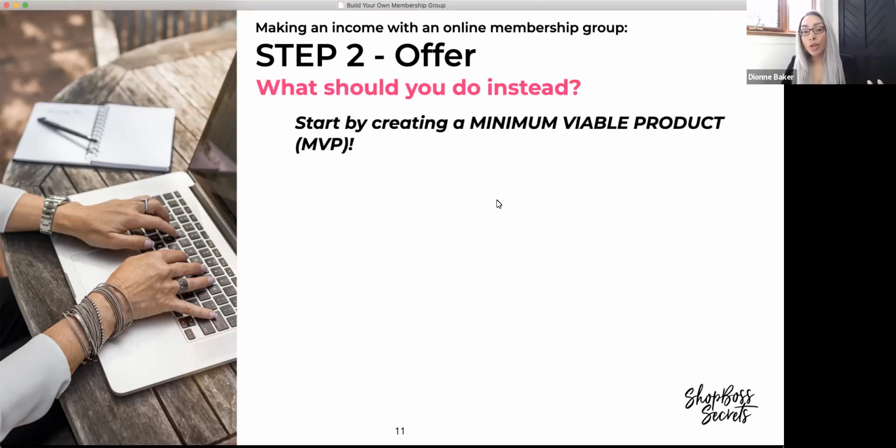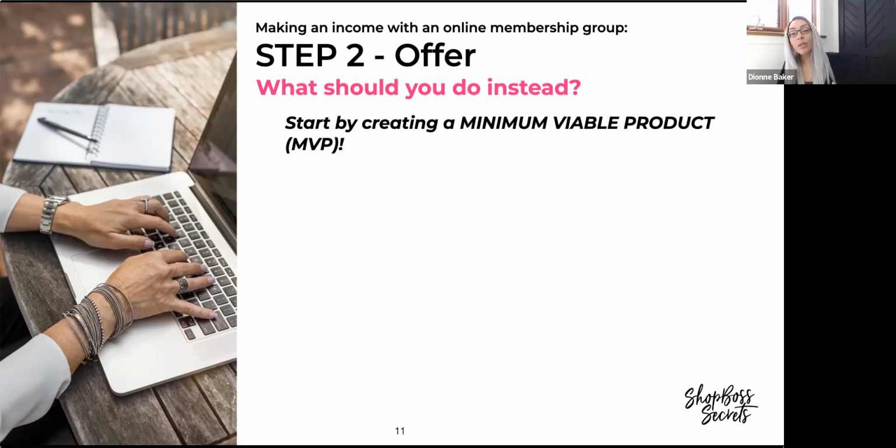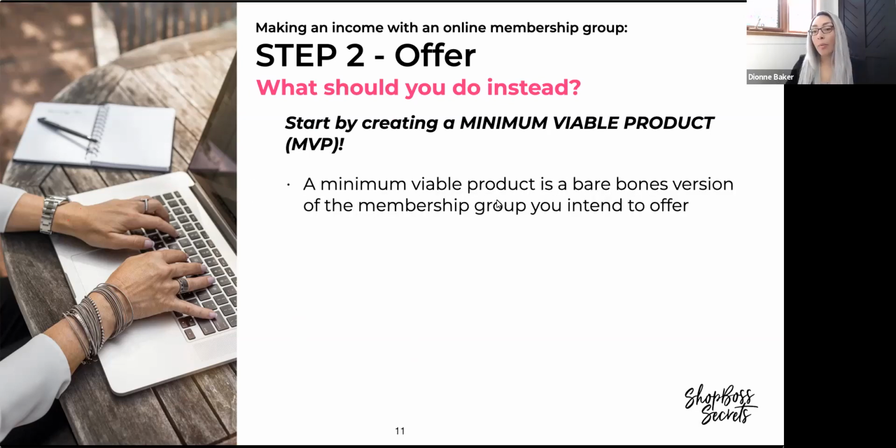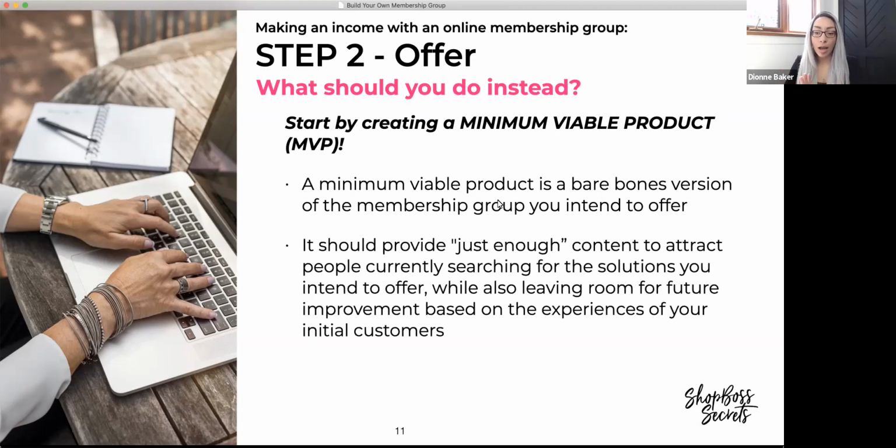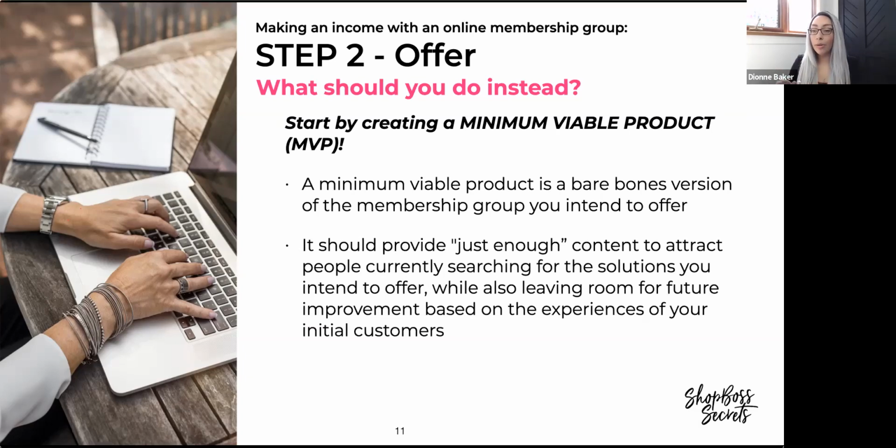So what should you do instead? This is where we start talking about creating a minimum viable product. A minimum viable product is a bare bones version of the membership site that you intend to offer to the public. It should provide just enough content so that people searching for the solution that you intend to offer find it.